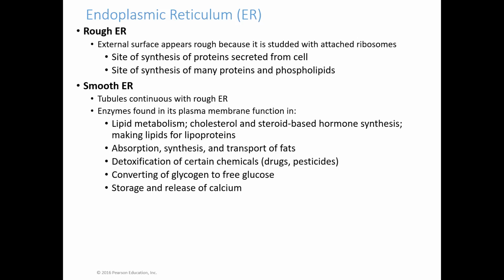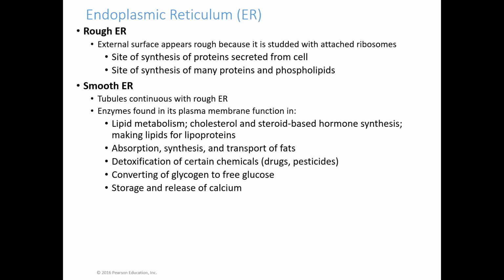Now, what else does the smooth ER do for us? Glycogen, the stored polysaccharide in our bodies, the polysaccharide that we use in lieu of starch. We break that down to glucose, and that takes place in the smooth ER.